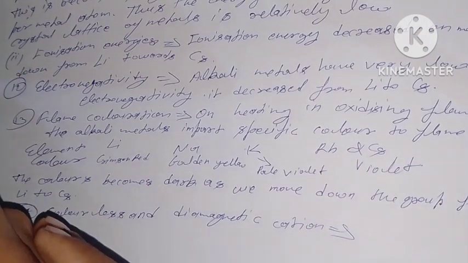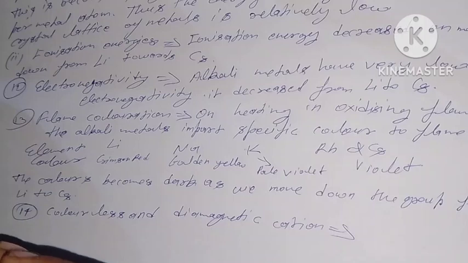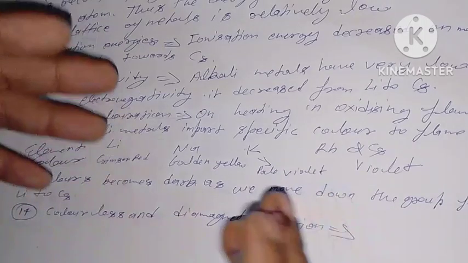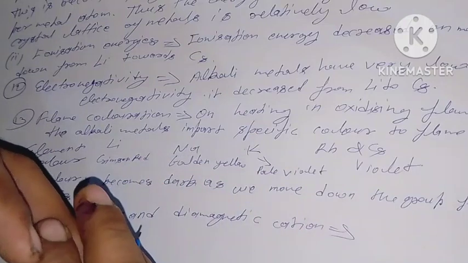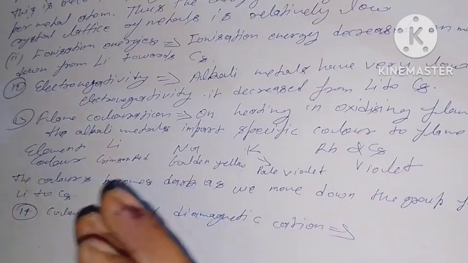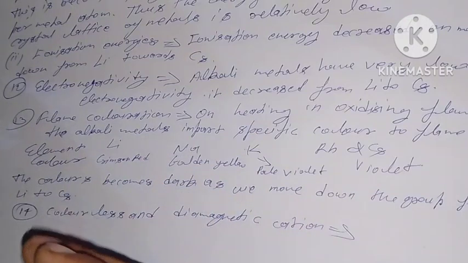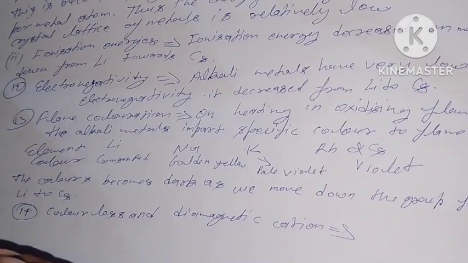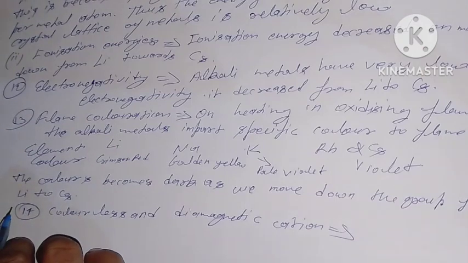The ions of alkali metal elements have an electronic configuration similar to that of noble gases. They do not contain unpaired electrons, therefore the ions are colorless and diamagnetic in nature.